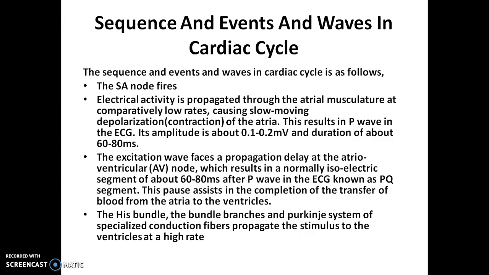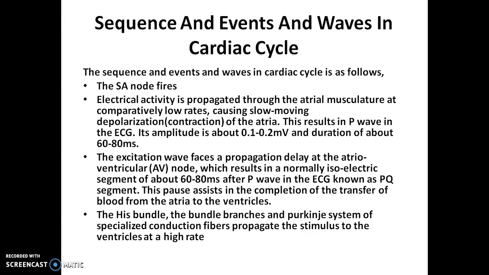Then the electrical activity is propagated through the atrial muscles at comparatively very low rates, and causes the slow moving depolarization or contraction of the atria. There is a contraction of the atria after the SA node fires the impulse, and it goes to the atrium through the muscles.